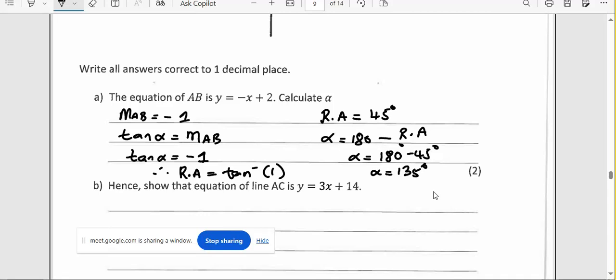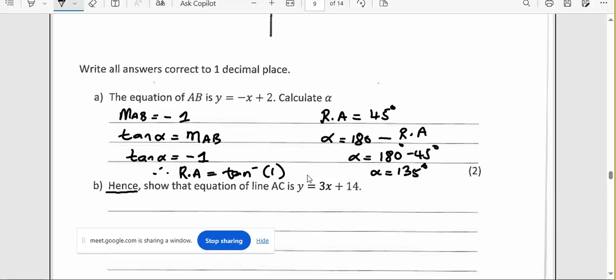Okay. So now on the second one, they say hence. When they say hence, the word hence means that whatever you did on the previous question, you need to apply that to this question.